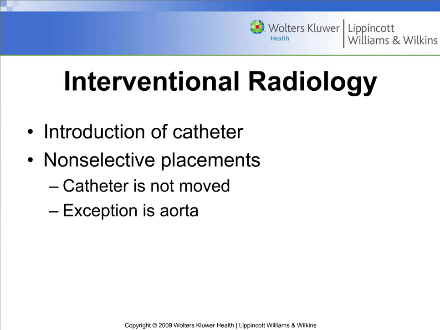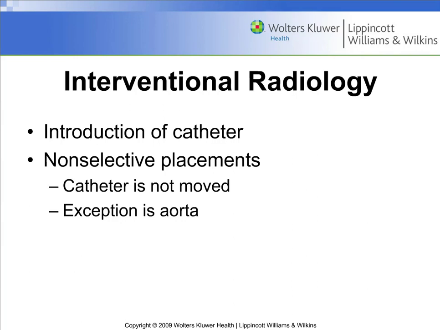All right, so you have non-selective placements and you have selective placements of the catheter that was accessed. The puncture of the site is coded, and based on how that catheter is manipulated, if it is just to reside in the aorta and does not bifurcate to other branches of that area, then that's considered a non-selective placement.